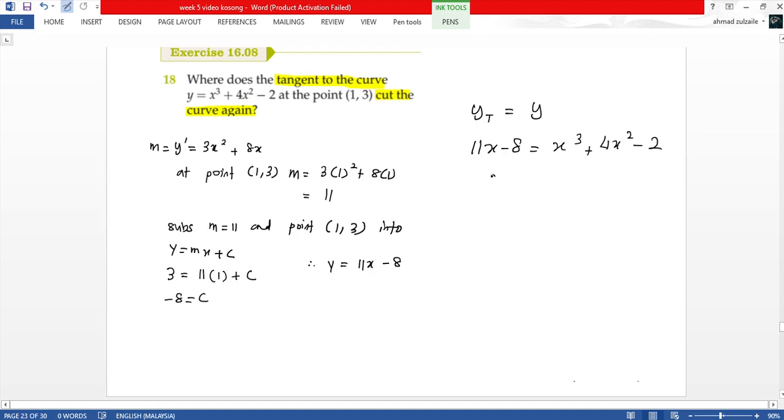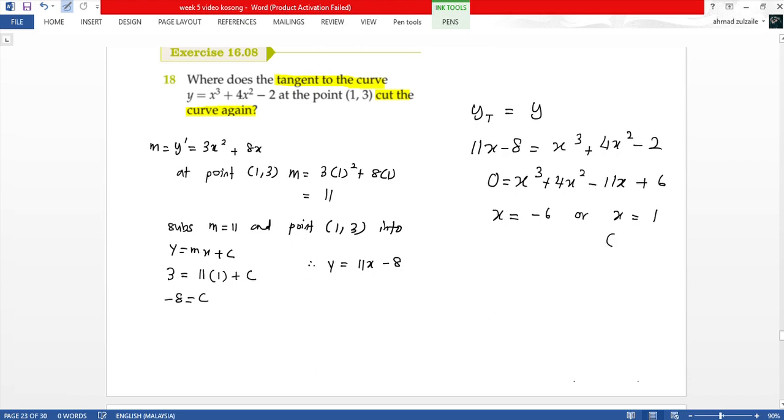Simplify, and you will get x cubed plus 4x squared minus 11x plus 6. Press your calculator, solve. You will get x equals negative 6 or x equals 1.